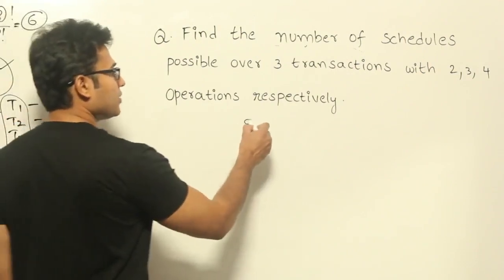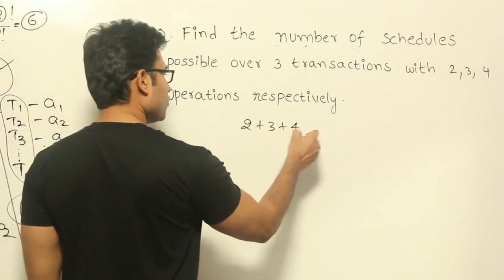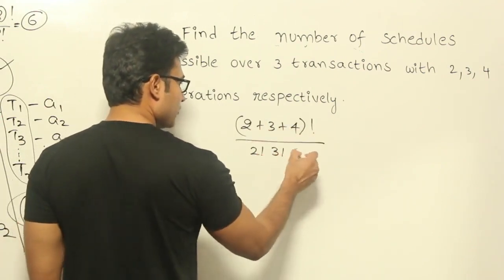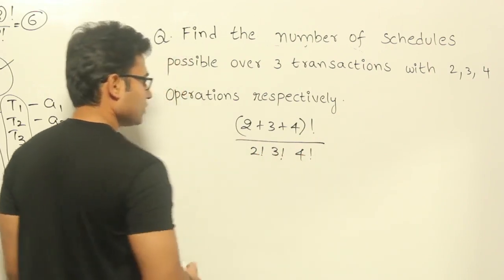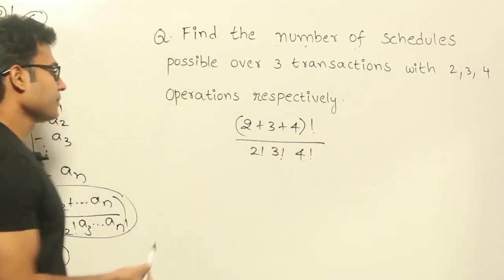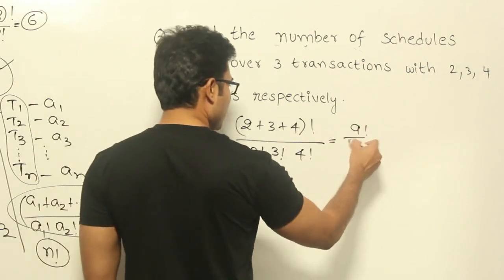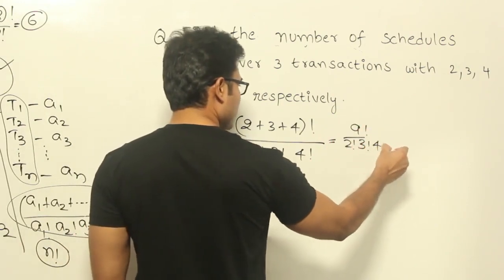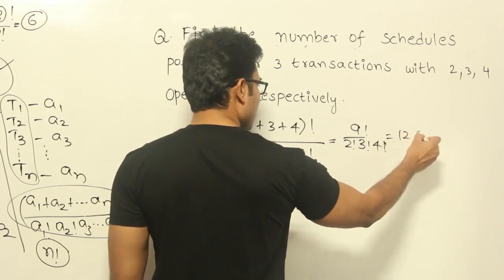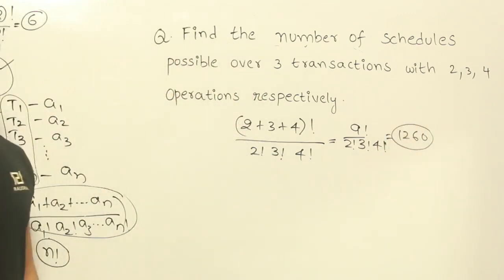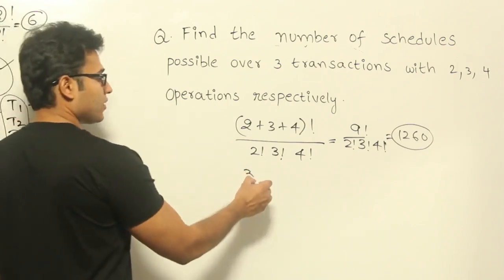It is going to be 2 plus 3 plus 4 factorial divided by 2 factorial into 3 factorial into 4 factorial, right? So you can compute that number. If you compute it, it is 9 factorial divided by 2 factorial into 3 factorial into 4 factorial, which is 1260, right? Out of which, serial schedules will be 3 factorial only.